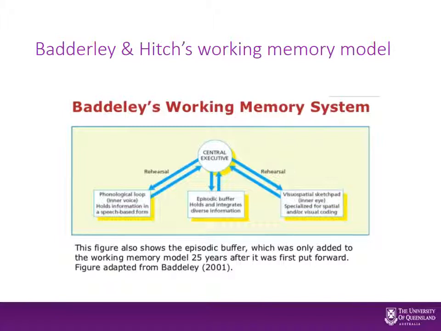In the working memory, there's this central executive, a phonological loop, which is a voice, an episodic buffer, which holds and integrates diverse information, and the visual sketchpad. This is an interesting one because a lot of mathematics is done in that, where you see it in diagrams and you can just see it, and it only lasts a very, very short amount of time.